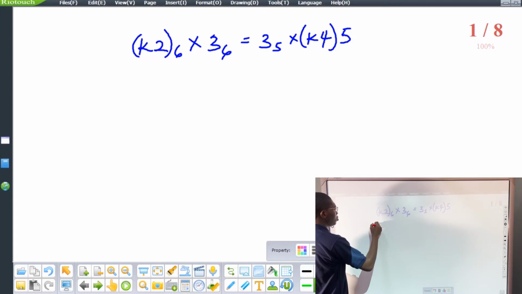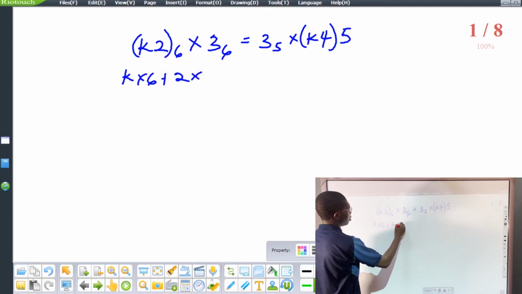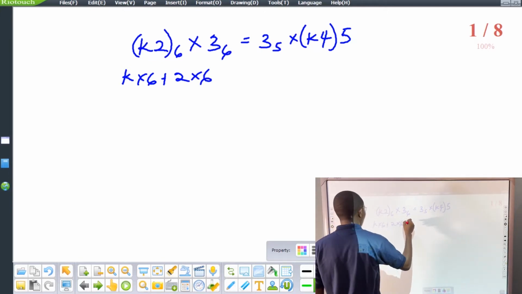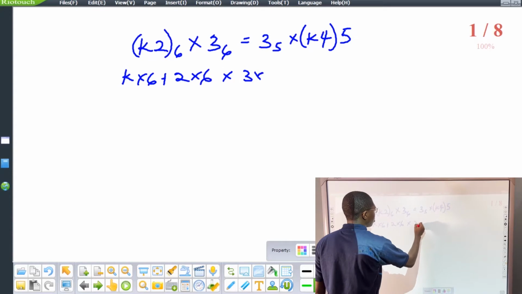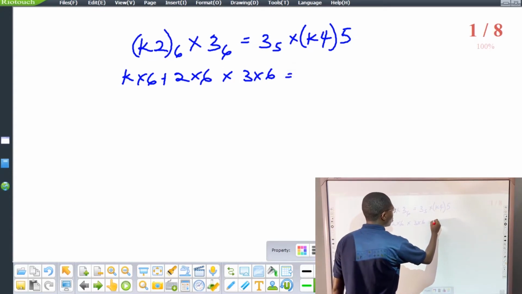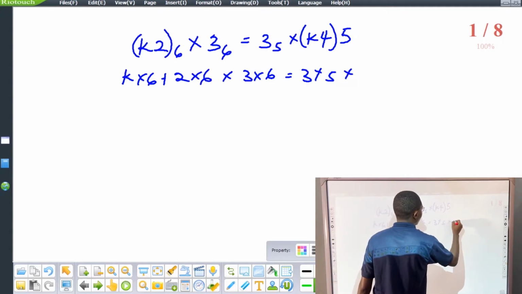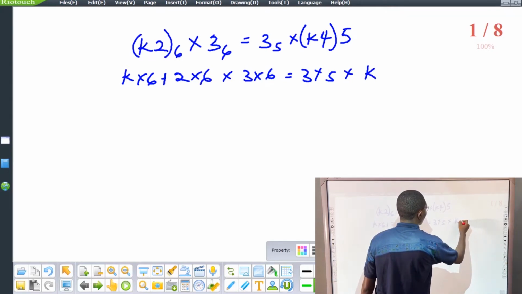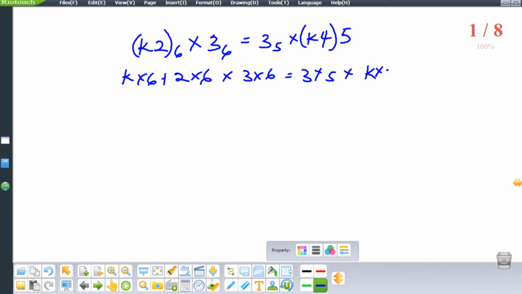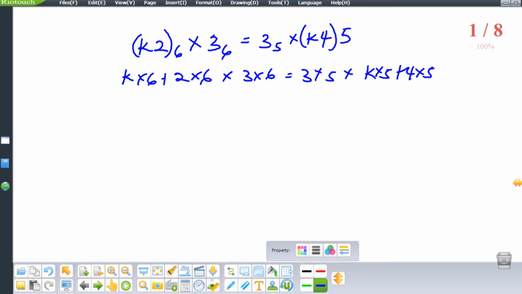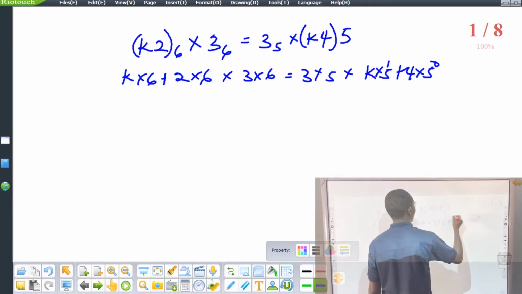So, converting this, we have (K times 6 plus 2 times 6) times 3 times 6 equals 3 times 5 times (K times 5 plus 4 times 5). This is of degree 0, this is of degree 1.